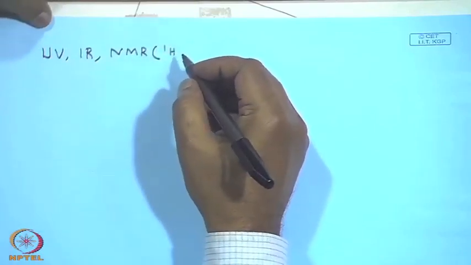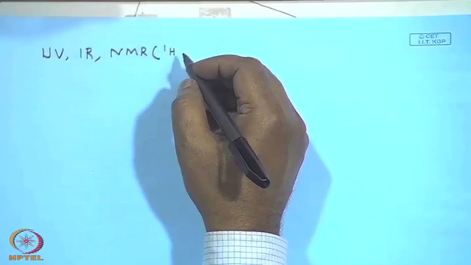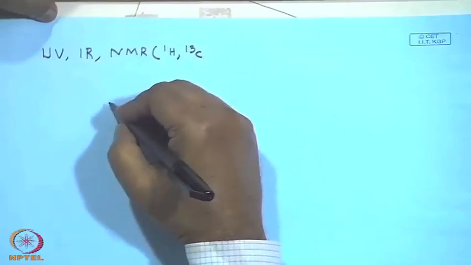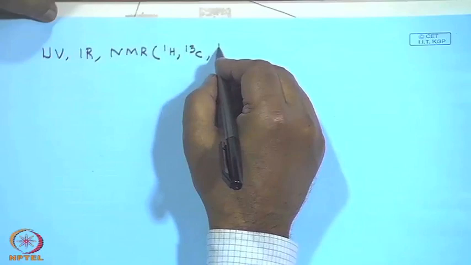Then within NMR, what are the nuclei we often deal with? There are plenty now. About 40 different nuclei are regularly investigated to find out the structure, maybe more, including silicon, iron, cobalt, tin, indium, boron, all these. But commonly in heterocyclic chemistry we will be dealing with proton, carbon and fluorine.